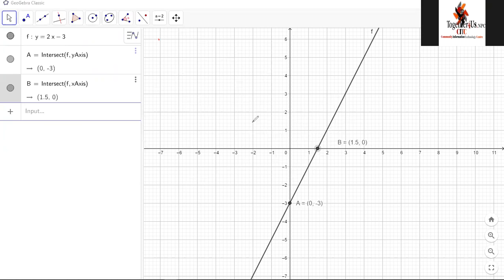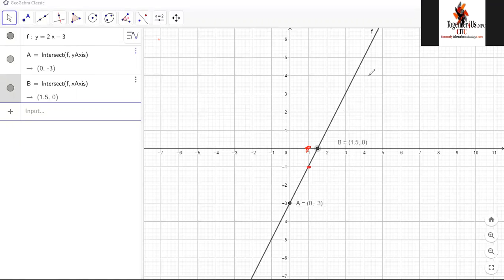And for us to be able to represent that on a Cartesian plane, we must represent it in the form of a function. In other words, in the form of a rule that tells us if you input a certain x value, you're going to get a certain y value.